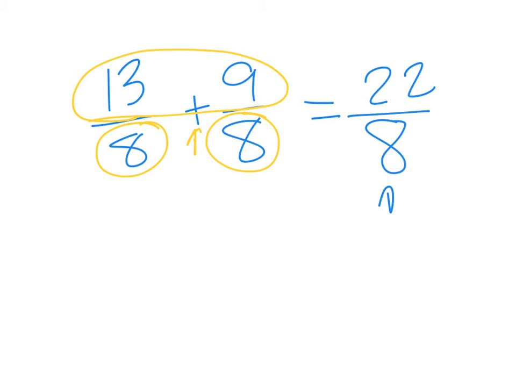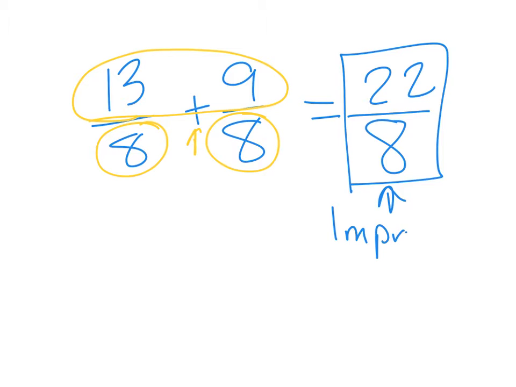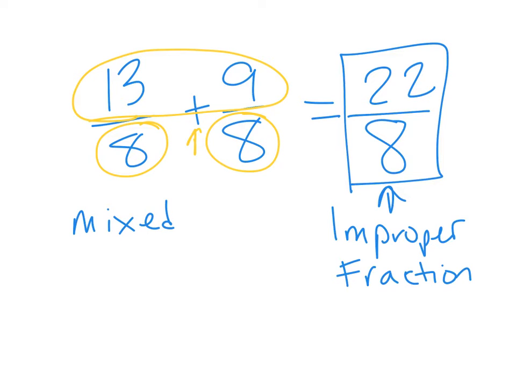Now this is called what? Do you remember what this is called? No, the whole thing, this whole fraction. It's called an improper fraction. Okay, is this technically a correct answer? Yes. But they're going to want you to change this into a mixed number or mixed fraction.